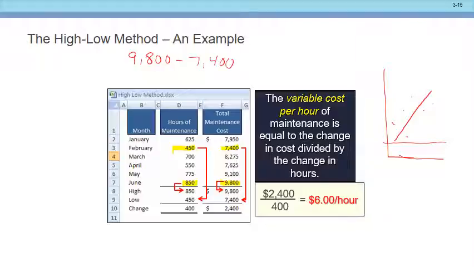That's sort of like my y2 minus y1, and we're going to divide it by our level of activity at the high, which is 850, minus my level of activity at the low, which is what, 450? With me so far?